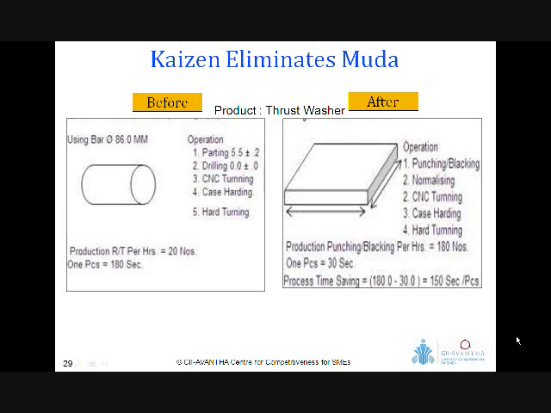So ideas were generated. A flat piece is used and a different method is used: punching, normalize, CNC turning, case hardening, hard turning. So punching time has reduced and one piece can be made in 30 seconds. Thus productivity has increased quite a lot.